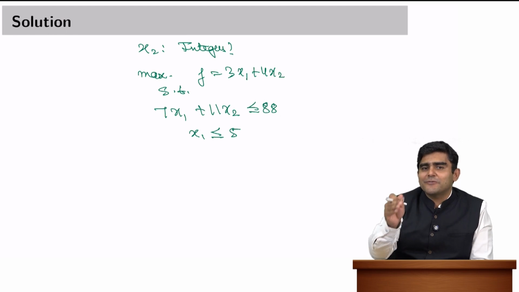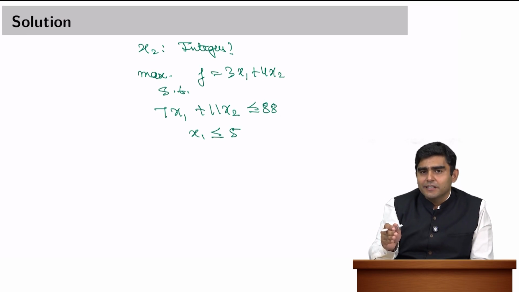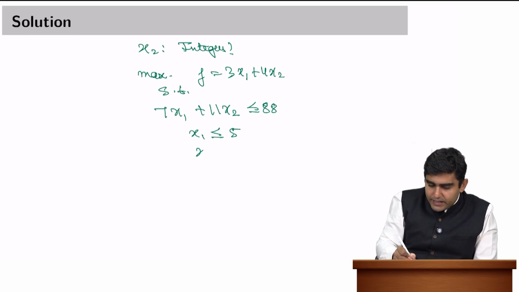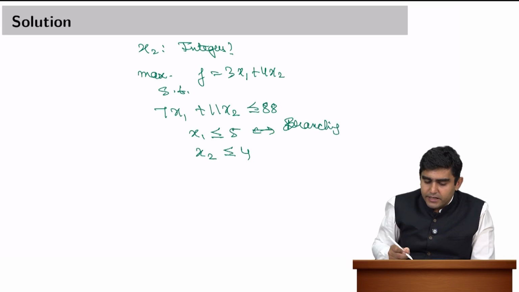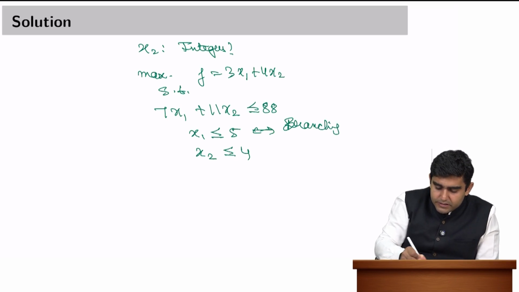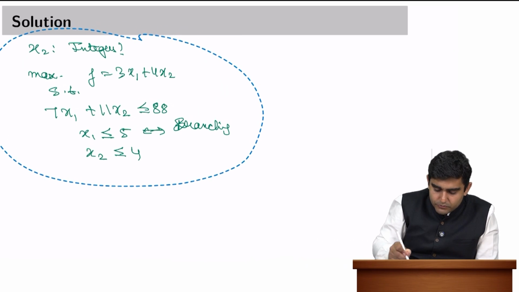So we will go with x1 less than or equal to 5 and x2 less than or equal to 4. This is something that we borrowed from the first branching that we did in the earlier slide, and here I will just move it a bit to the left.